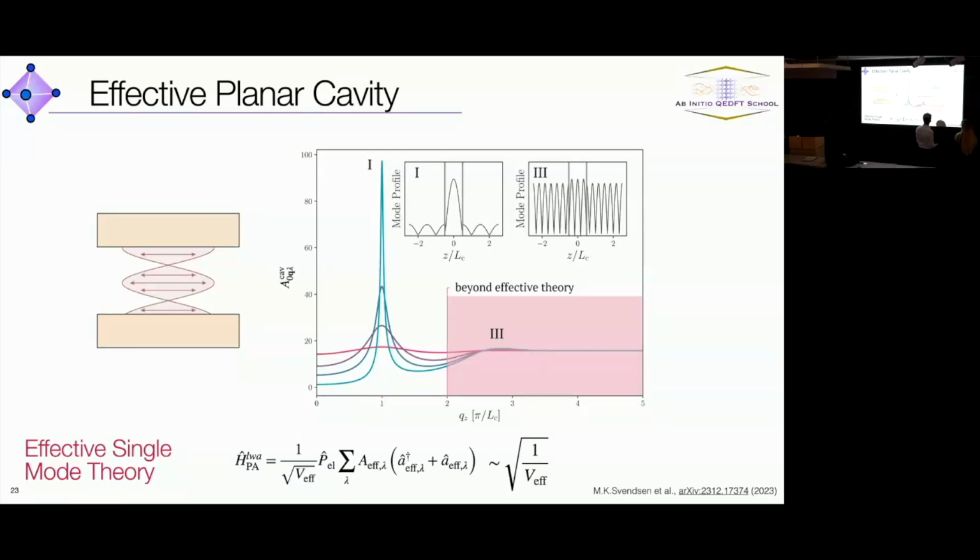So I can make a cavity where only the first mode is high, but not the higher lying ones. You can see that this mode function is very peaked here, but very small here. So we can say we neglect that, because we would have to sum over all of them as well, and we only keep this.